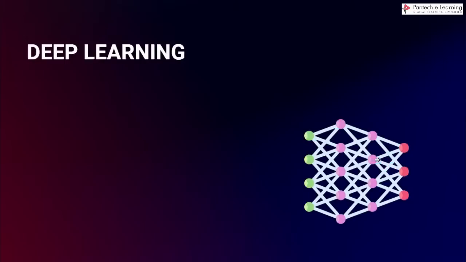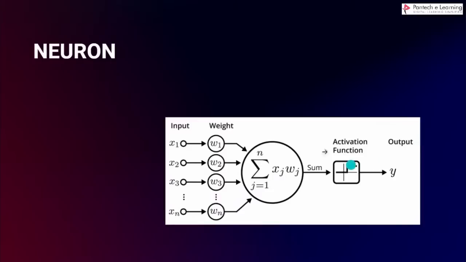These neurons combine to form a neural network, and this network does the processing and gives you the output. Individually each neuron is doing some work, and combined they give the entire output. We'll discuss that.